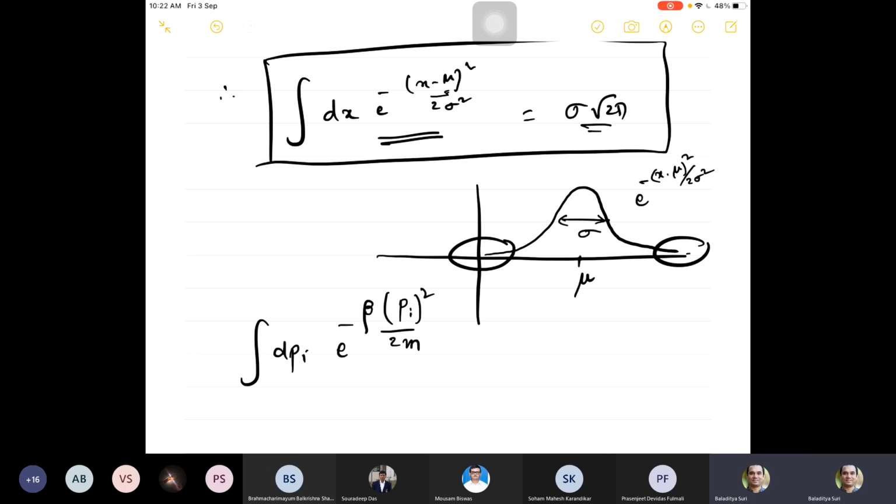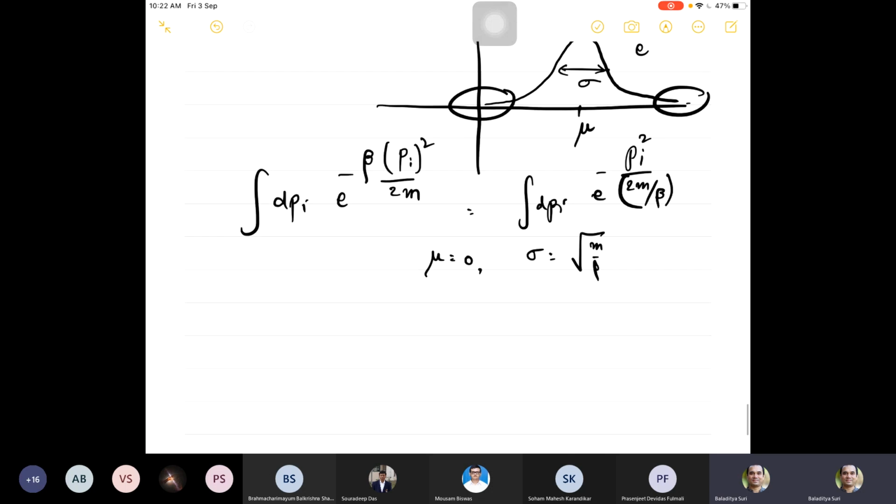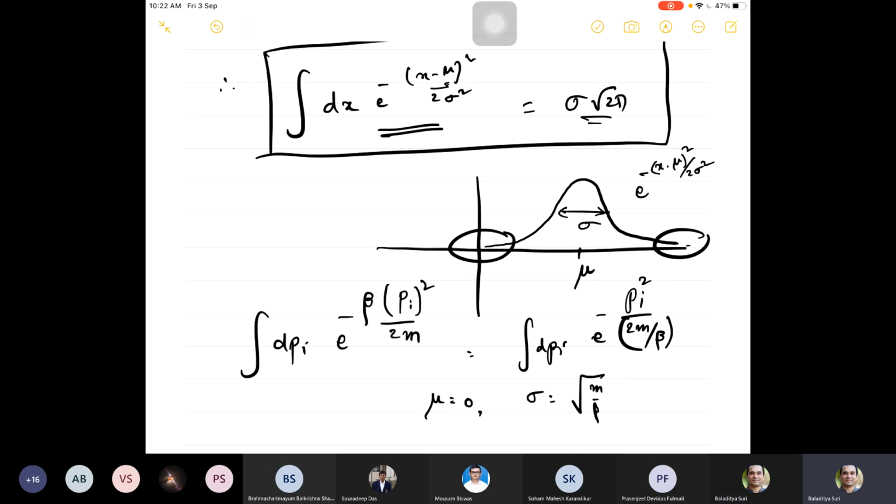All we need to do is integral dp_i e to the power of minus p_i squared by 2m by beta. And immediately we realize by comparing these two expressions that mu is 0 and sigma is square root of m by beta, right? Is that clear to everyone?